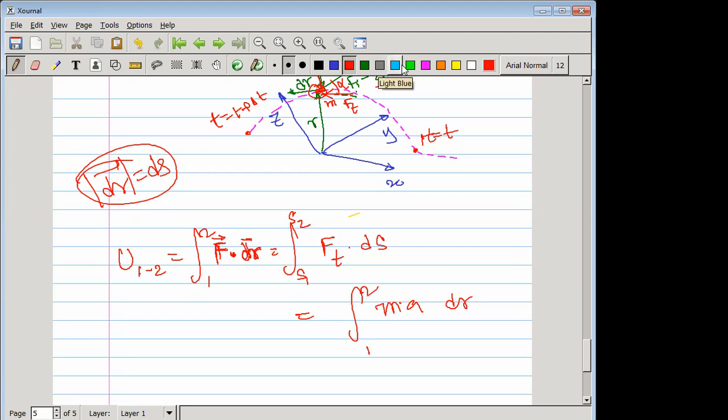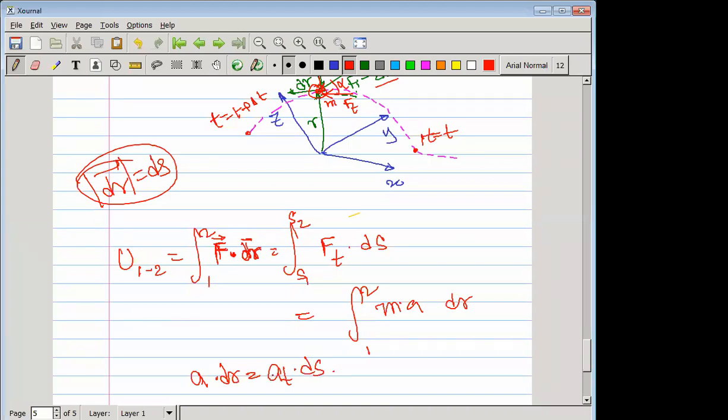From this drawing you can see the acceleration of that particle with respect to time. If you change, then you can find the tangential component into ds, right?